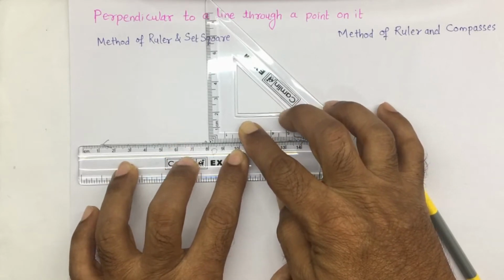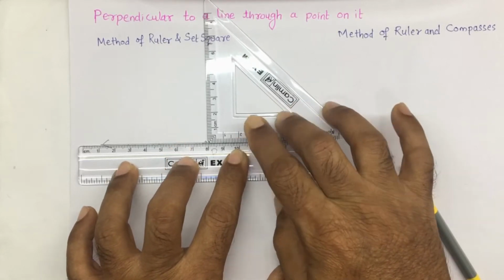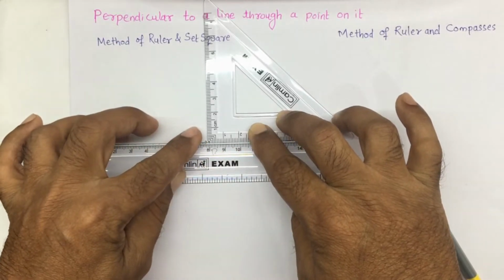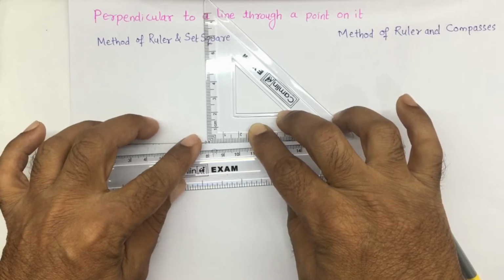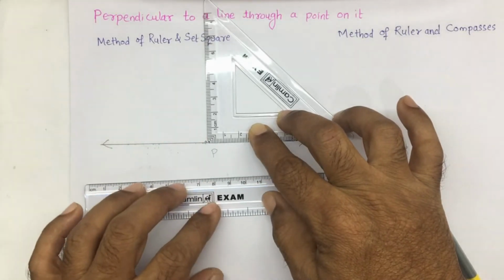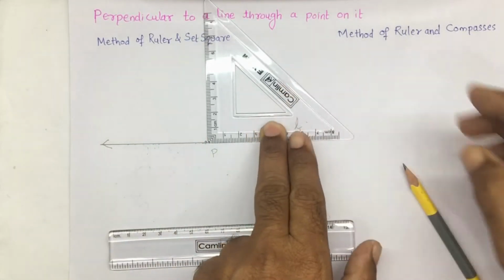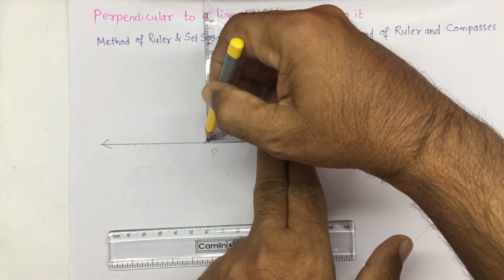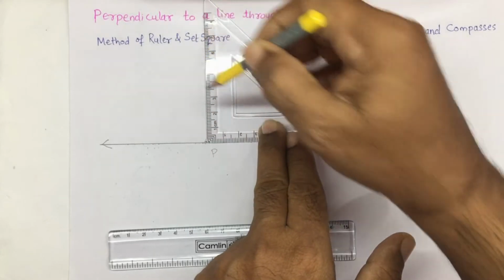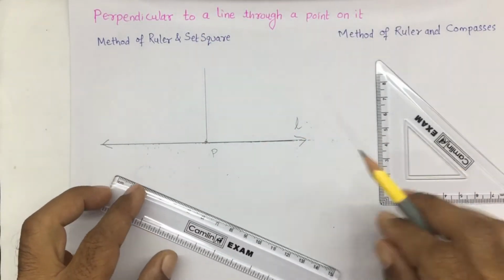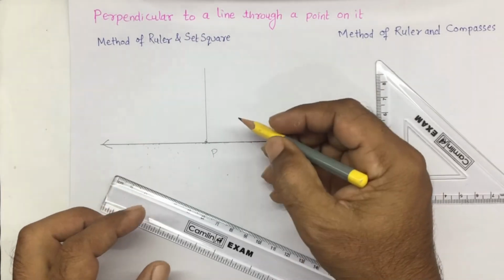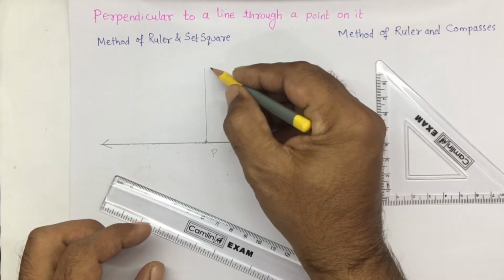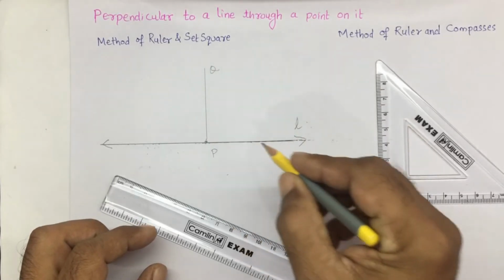When the second edge of the set square is touching the point, you can remove the ruler and draw a straight line, and this line will be the perpendicular, say PQ. PQ is a perpendicular.